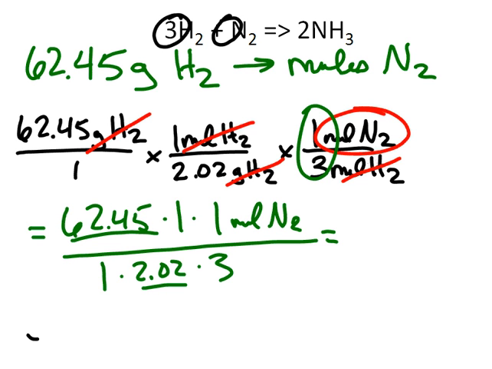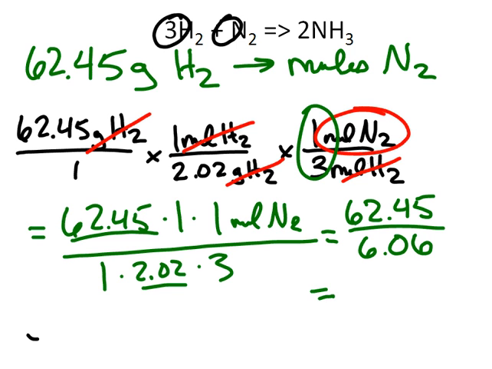So I'm going to have 62.45 divided by 6.06, leaving my final answer with 3 sig figs being 10.3 moles of nitrogen. Again, if I ask for a sentence, 62.45 grams of hydrogen will react completely with 10.3 moles of nitrogen.